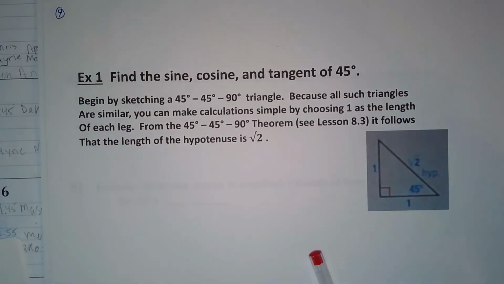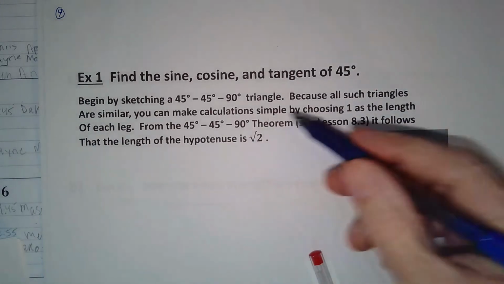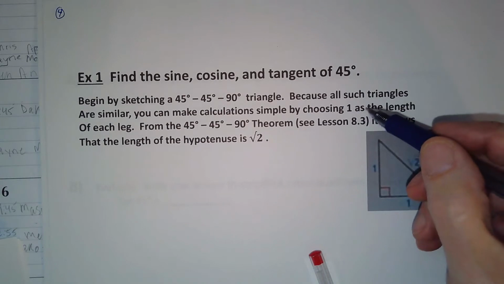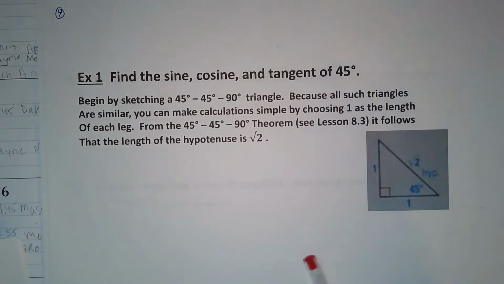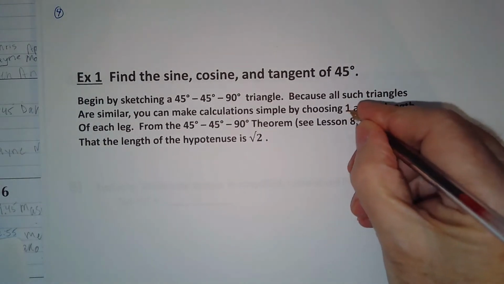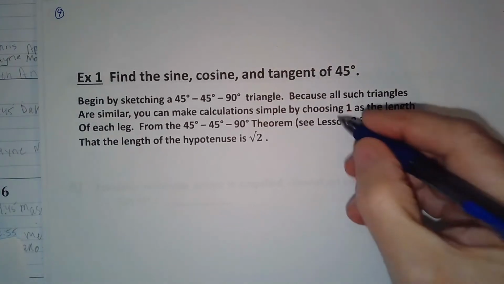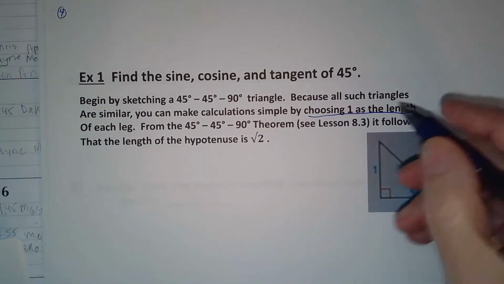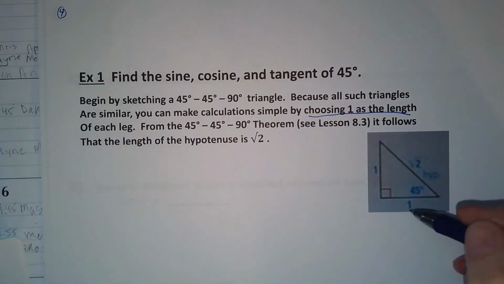Because all such triangles are similar, you can make calculations by choosing 1 as the length of each leg. So these legs are 1.